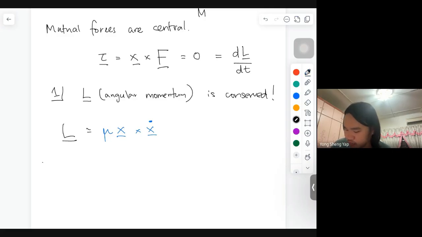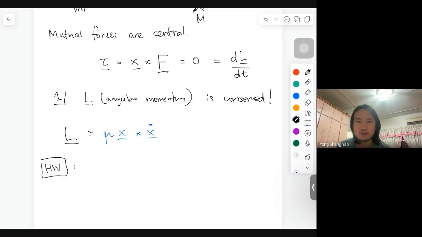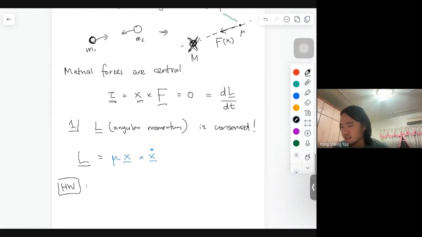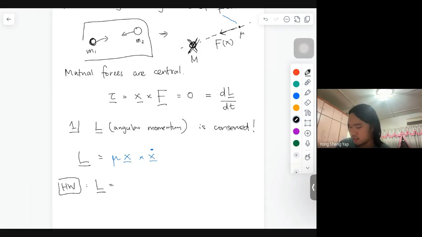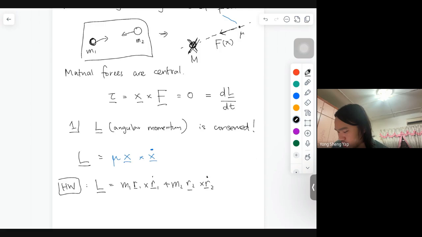One homework exercise that I would like you to do back home is this: it basically also says that the angular momentum in the first picture of the two bodies is also conserved. In this case it is m1 r1 cross r1 dot plus m2 r2 cross r2 dot, which is also conserved.